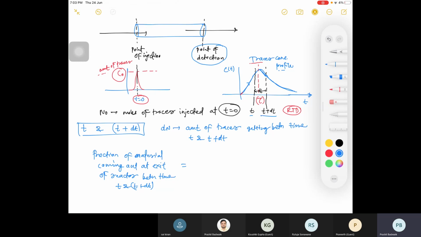What is your fraction of material that is coming out? Anyone? dN divided by C naught, sir. dN divided by your N naught. N naught is the total tracer that has been injected. So that is dN divided by N naught, the fraction of tracer that is coming out.